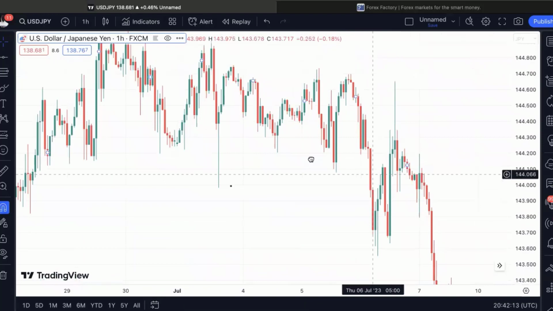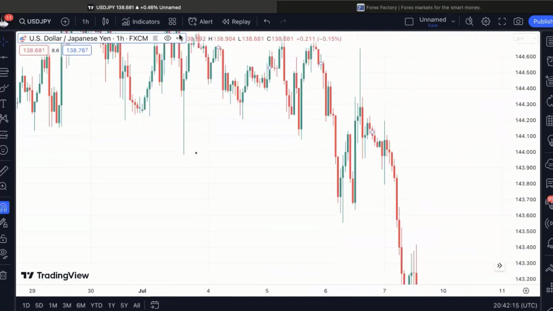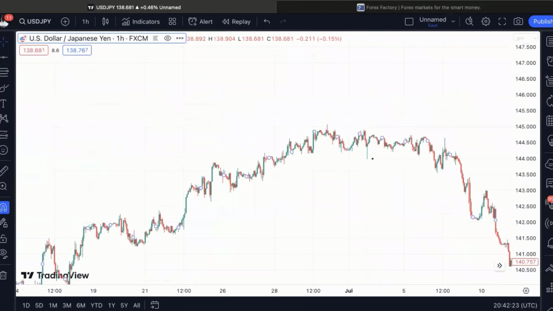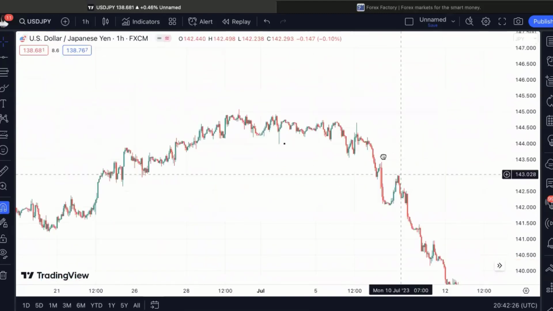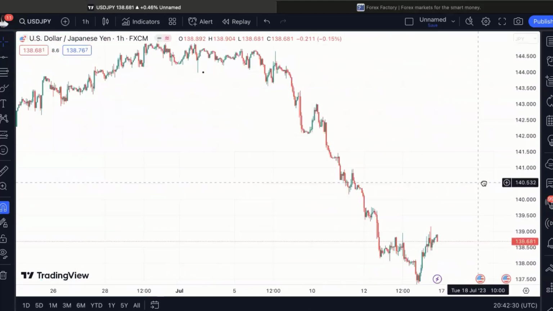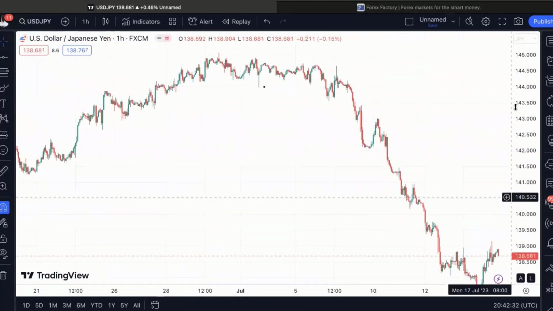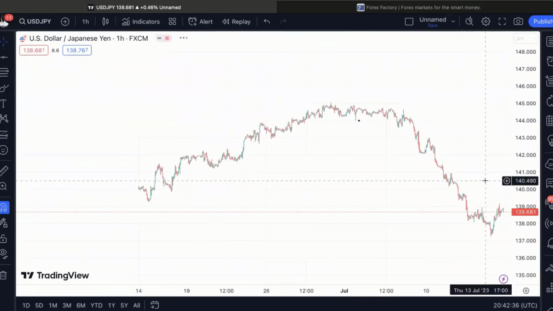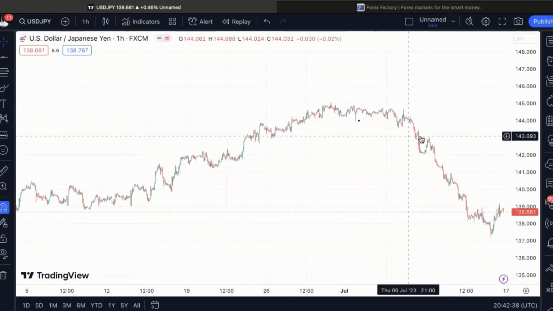All right. So look at what we have on USD JPY. You can see that we have a long, continuous fall in price.